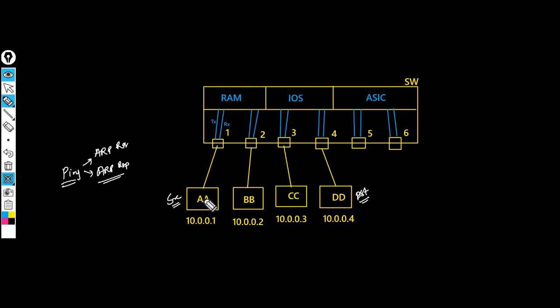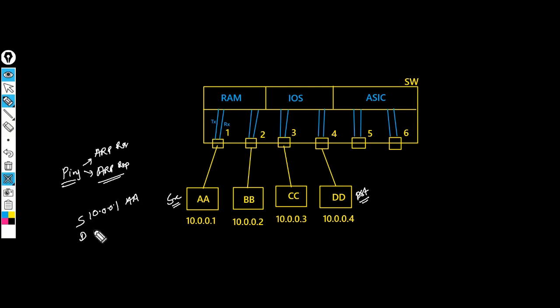So let's say the moment you ping 10.0.0.4 from this PC AA, let's see what happens. It will say my source IP address is 10.0.0.1 and my source MAC address is AA.